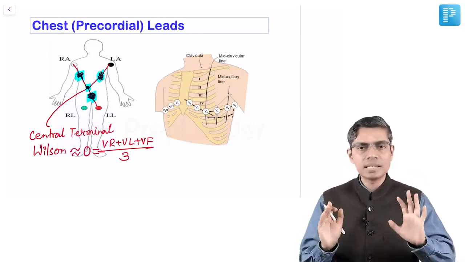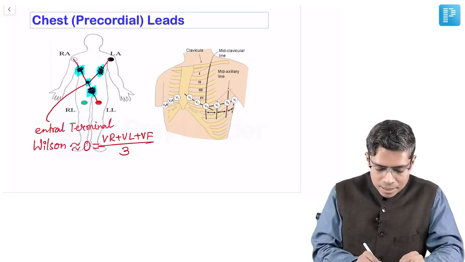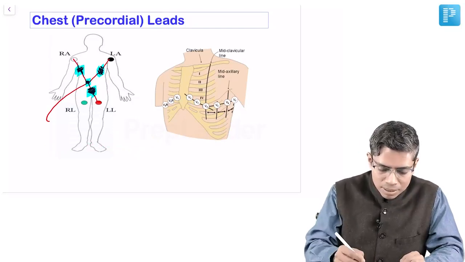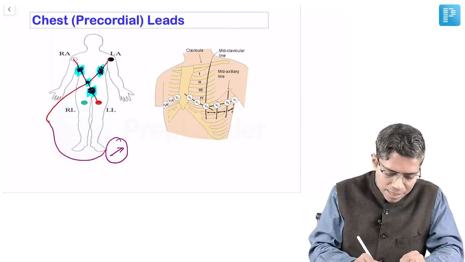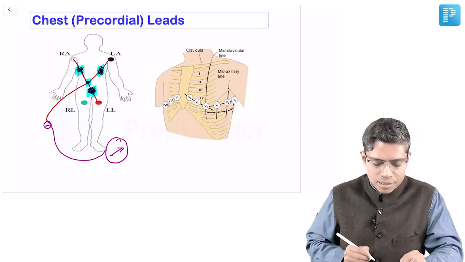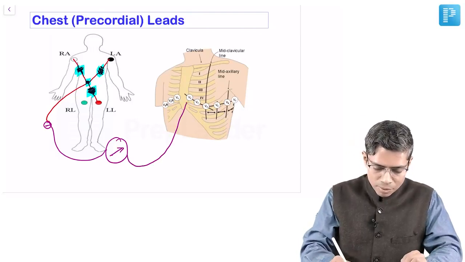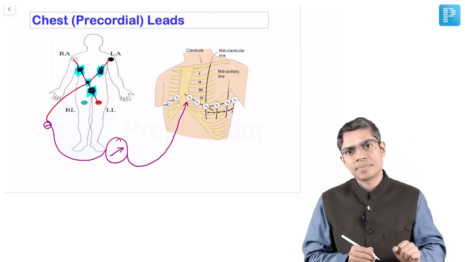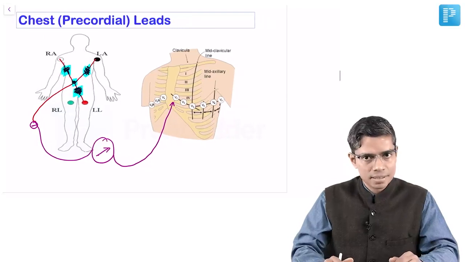Now if you connect a voltmeter, with the negative end of the voltmeter connected to this central terminal and the positive end connected to the chest wall, then this is the circuit of the chest lead.